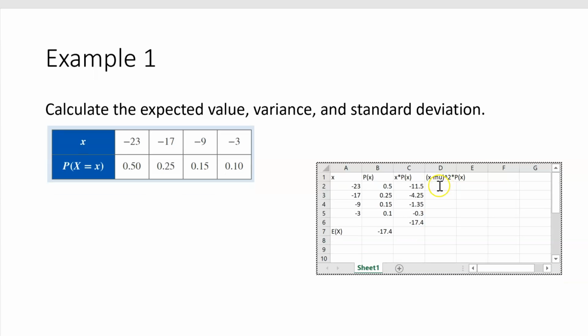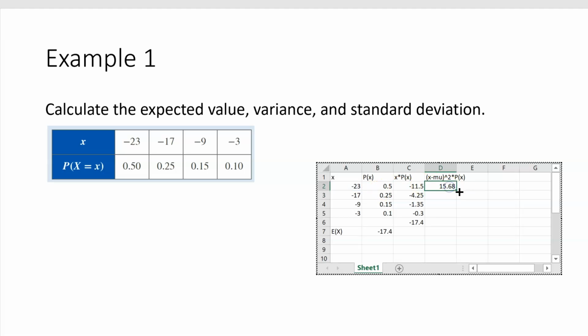Now to find the variance, we do parenthesis, our x, this column here, minus our mu. You could do minus negative 17.4 or just plus, because you subtract a minus, squared. Then we multiply by our p of x. Just be careful that you're using the correct column.